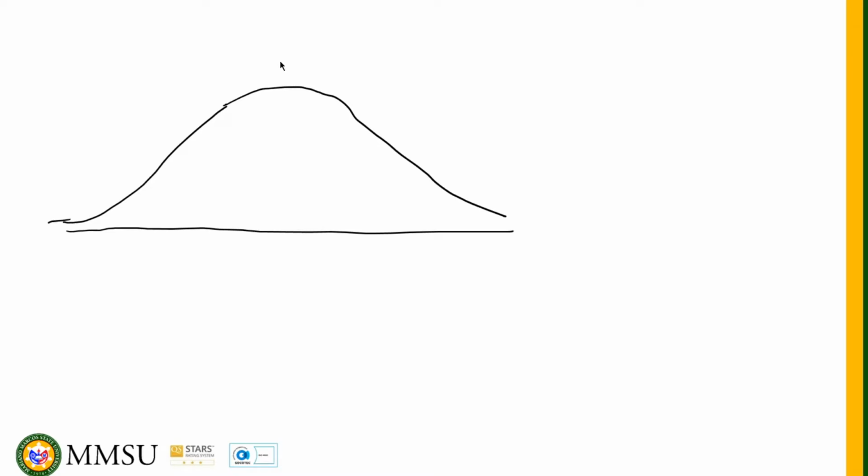The mean is here in the middle. It is symmetrical, as you know from your statistics. From -1 to +1, these are the number of standard deviations from the mean. Do you remember?